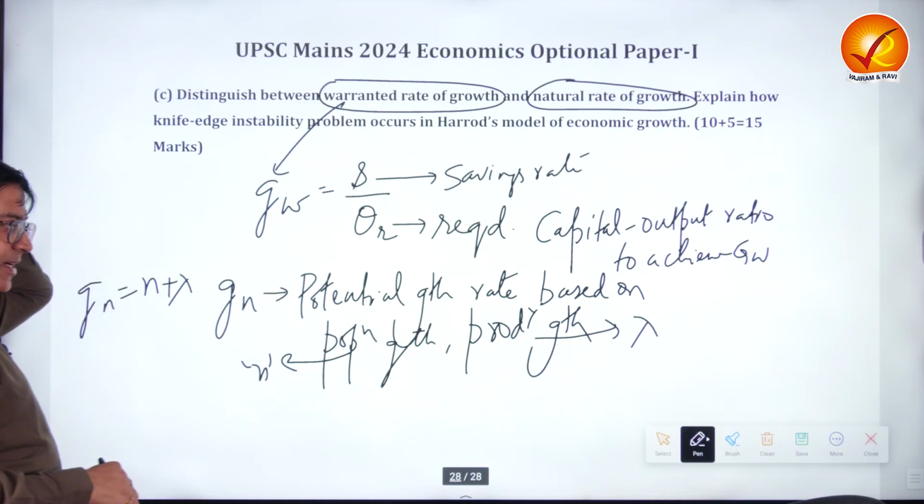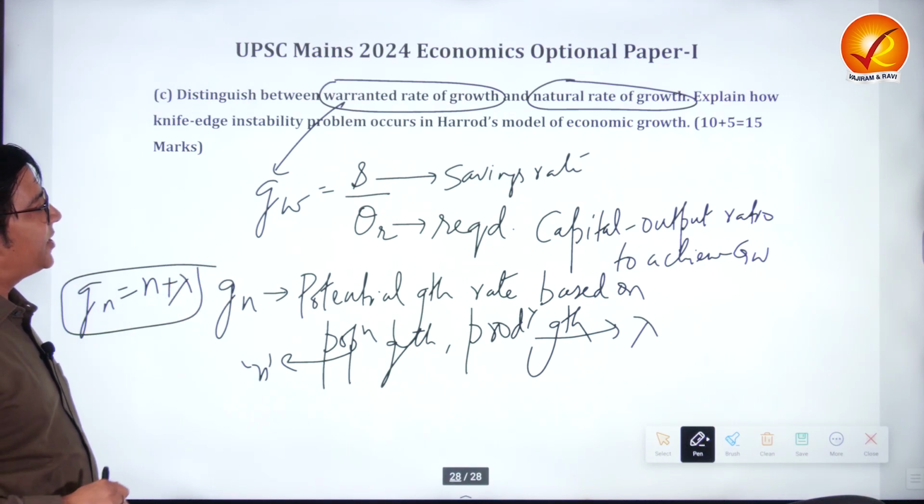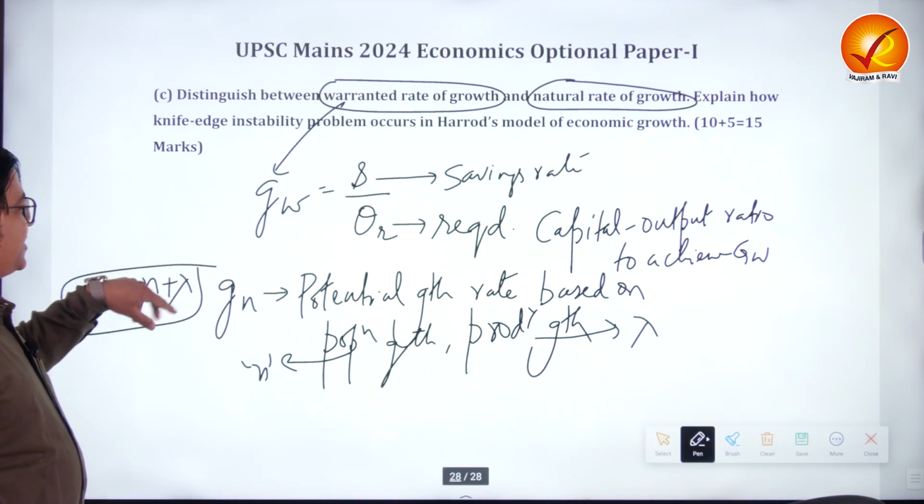As in, generally higher population also encourages higher growth and productivity also. So these are the two things.